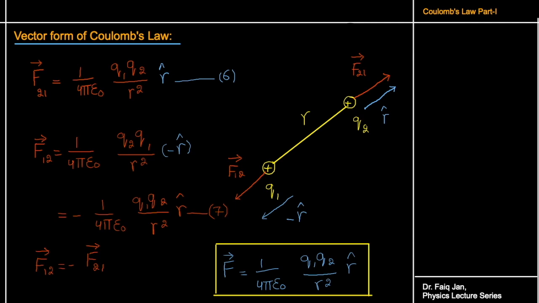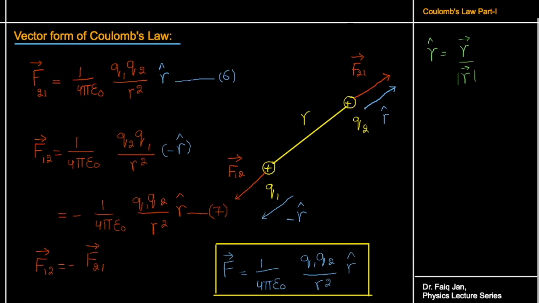So we can determine the magnitude of force by using the relation 1 by 4 pi epsilon naught Q1 Q2 over r squared, and the direction of the force will be determined by r unit vector, where it should be noted that r unit vector has magnitude equal to 1 and is given by r vector by r magnitude.